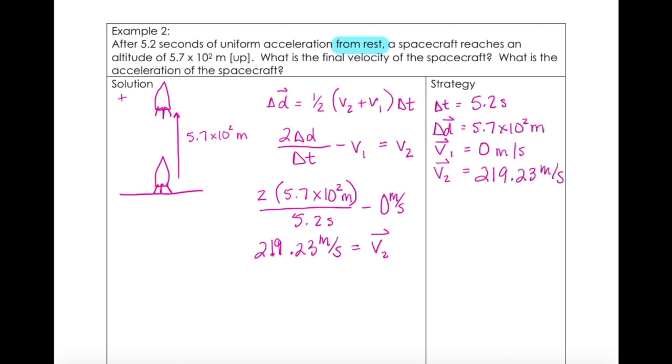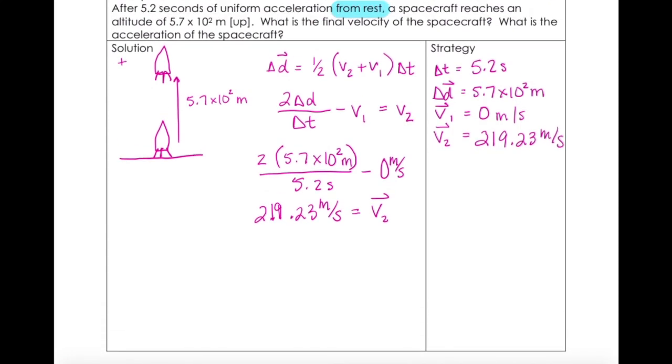Okay, so moving on to the second part of this problem, it wants us to find acceleration. So technically we could use the value that we found for final velocity, but because we have other values that are certain, meaning that we know that that is the correct value, you should use those values before you use a calculated value, just in case there's any mistakes with your calculations from the previous problem.